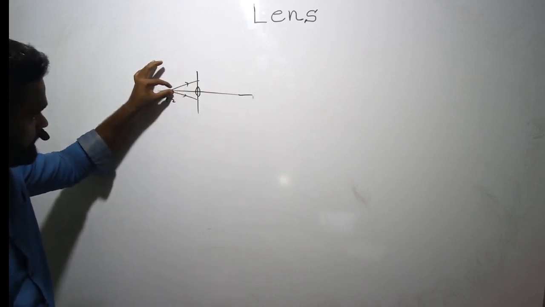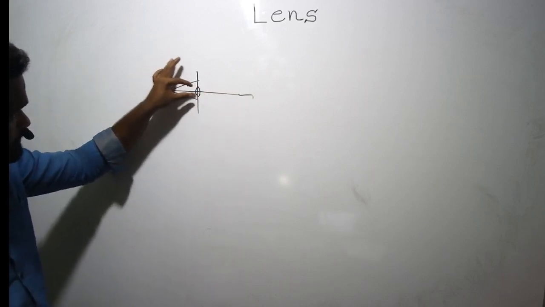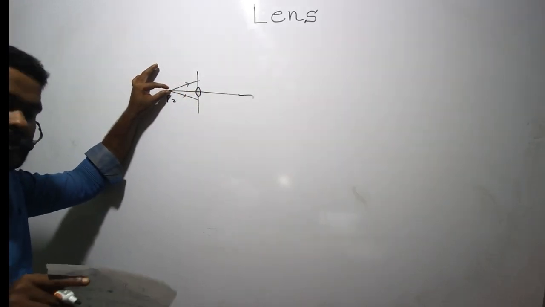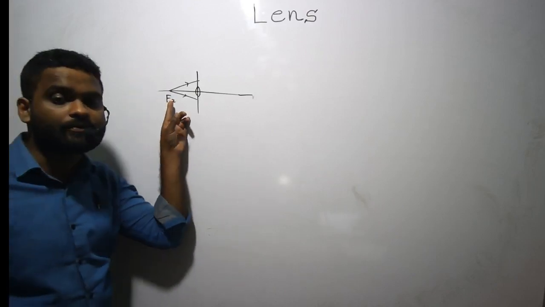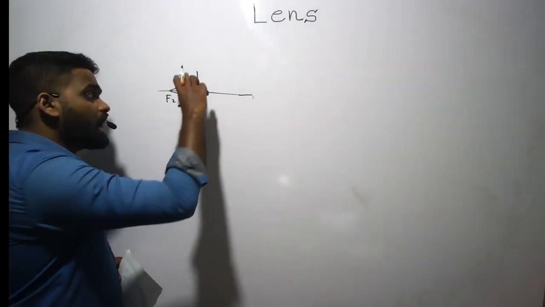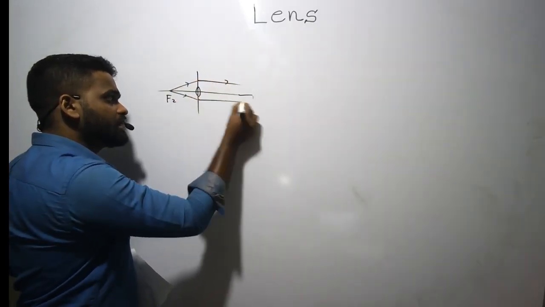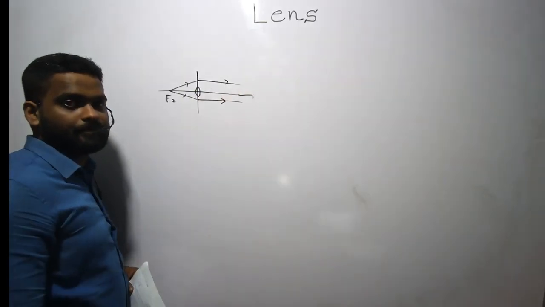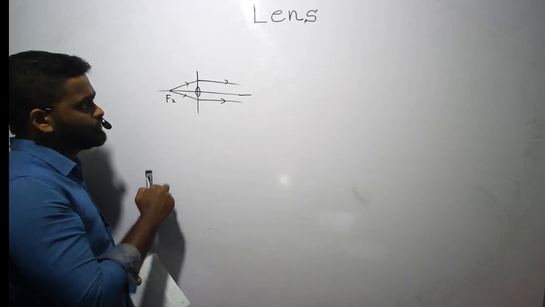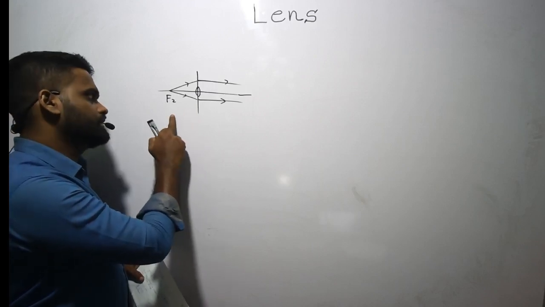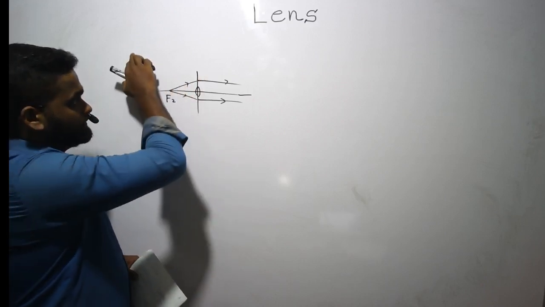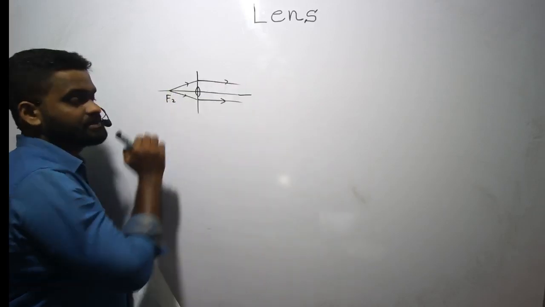Not only two rays, there are so many rays like this, but all rays go through f2. If they go through f2, which is the secondary focus, what always happens is that after refraction those rays become parallel to each other, right? So that is how you identify the secondary focus. It is always the case that the secondary focus is at this side. Given that light goes to this side, the secondary focus is on this side.